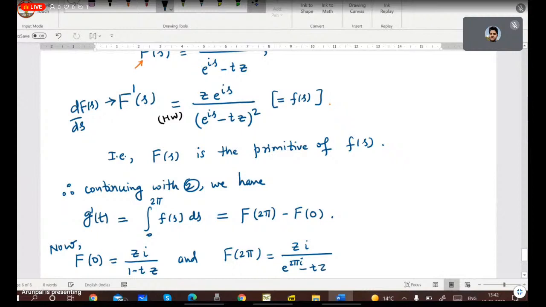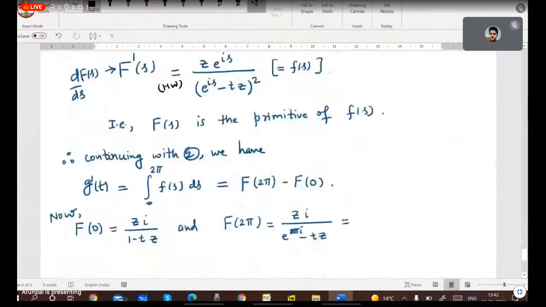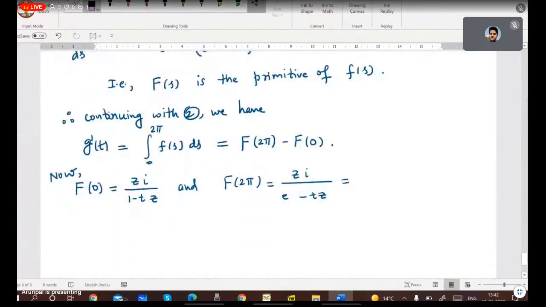And how much is the value of e to the power 2 pi i? 1. Very good. Because you know that e to the power i theta consists of the periodic functions cos theta and sin theta, both of them periodic with period 2 pi. So the value will be 1. You know that cos 2 pi plus i sin 2 pi.